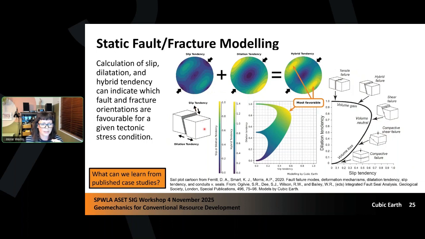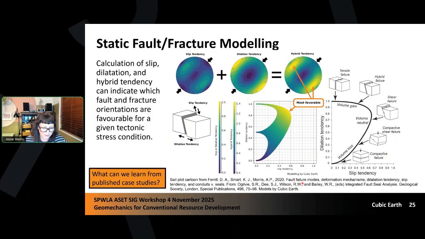That tells you the probability you'll get slip, and dilation tendency is kind of like a forced closing on the fracture or not. If you add these two together, you end up with a hybrid tendency. So essentially, where fractures are most likely to both fail and generate open space.